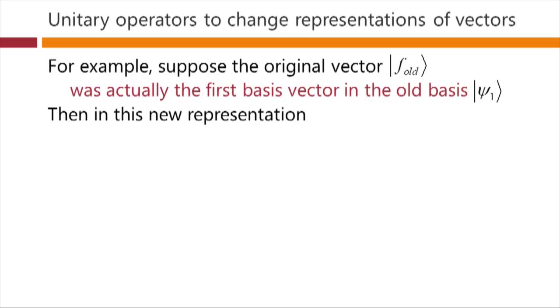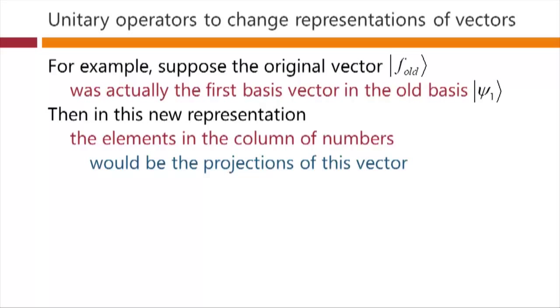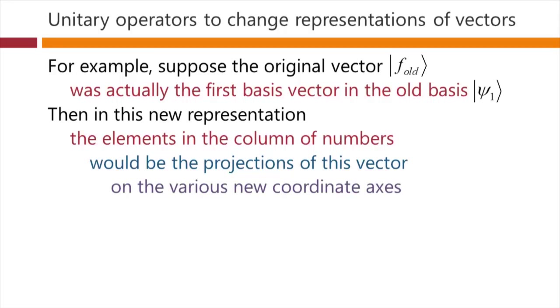Then in this new representation, with the phi vectors as the basis, the elements in the column of numbers would be the projections of this vector, psi1, on the various new coordinate axes, each of which is simply this number, the inner product of phi m with psi1.